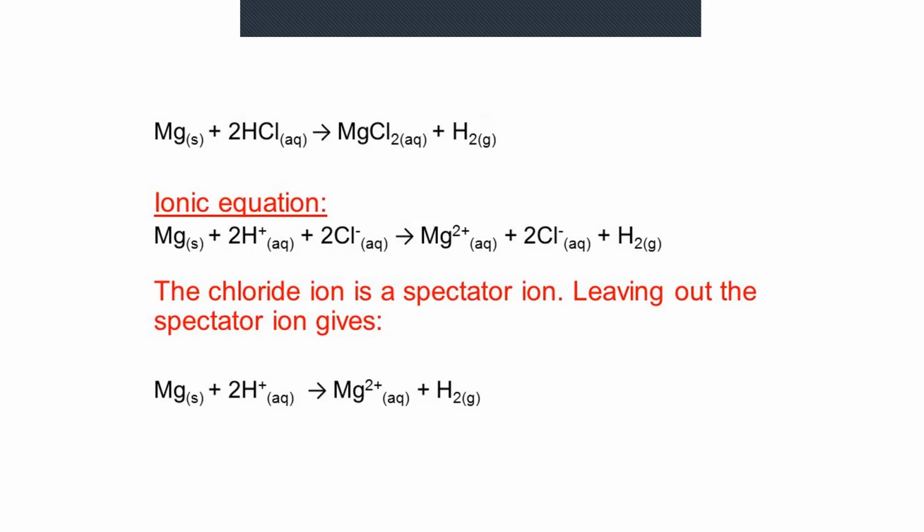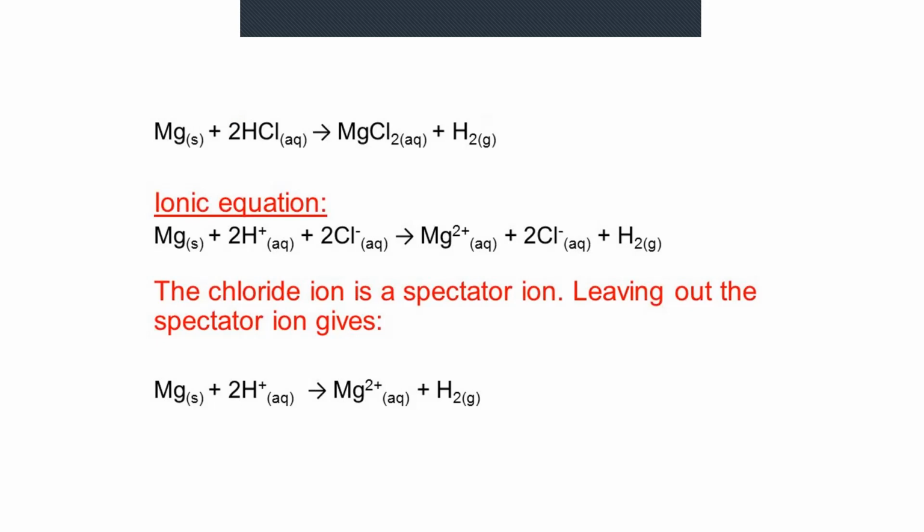So the first equation that you see here is the balanced molecular equation. Notice that all of the reaction species, the molecules or formula units, are seen, as well as the phases and any coefficients to balance the reaction. Then we convert that into the total ionic equation, sometimes called the complete ionic equation.